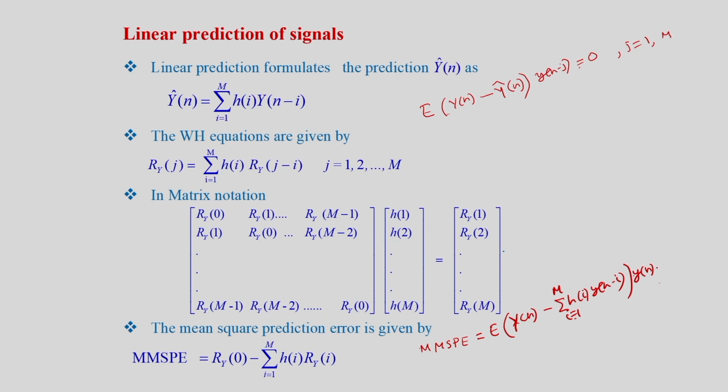Therefore, their contribution will become 0, and we get this only. So remaining terms will contribute 0, and it will be equal to Ry[0] minus summation h i into Ry[i], i going from 1 to m. So this is the expression for minimum mean square prediction error.